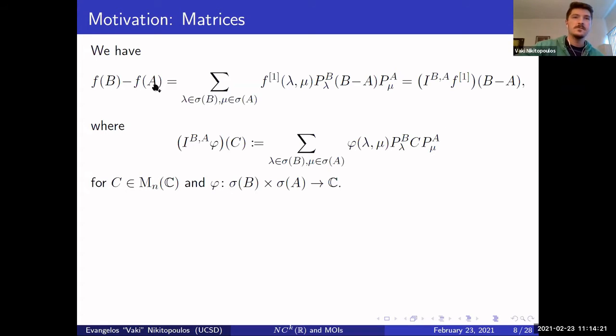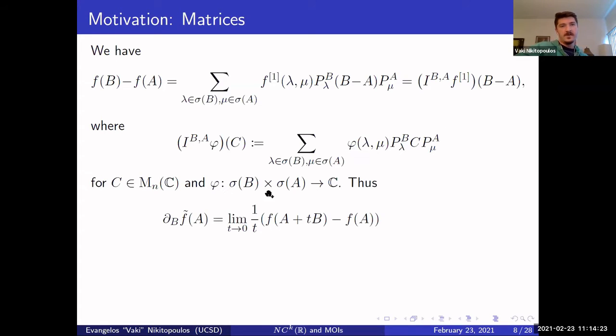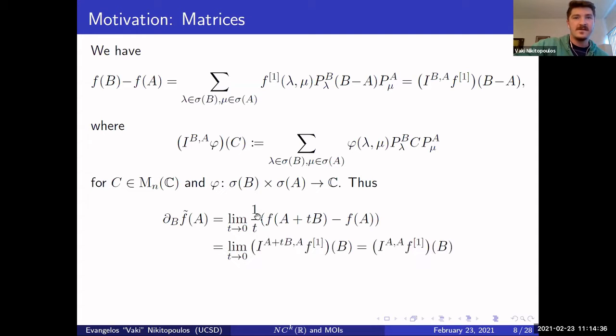All right, so now to prove the derivative formula, by definition, this directional derivative is this limit. And now if you plug in A plus tB for B up here, B minus A becomes tB, so the t's cancel.